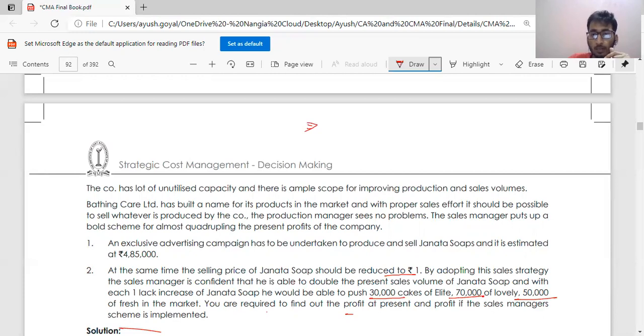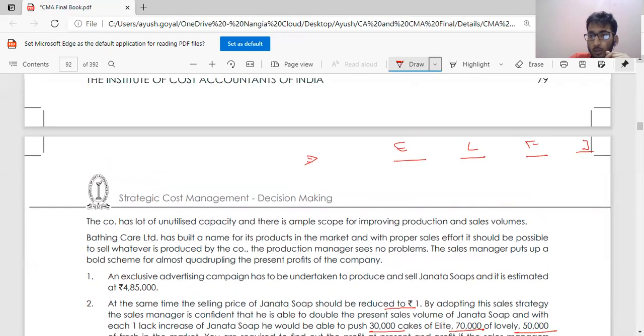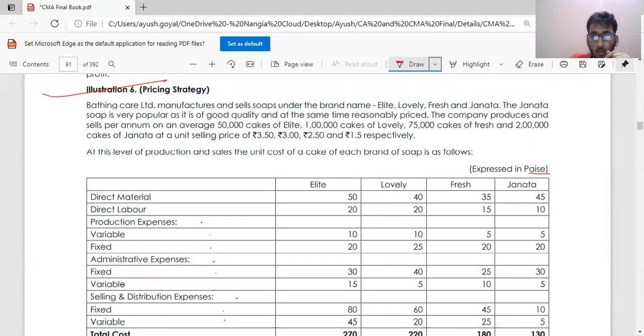So there are 4 cakes, E, L, F, and J. The sale price is given to us. For E, it would be 3.5 and the total variable cost would be 1.4.